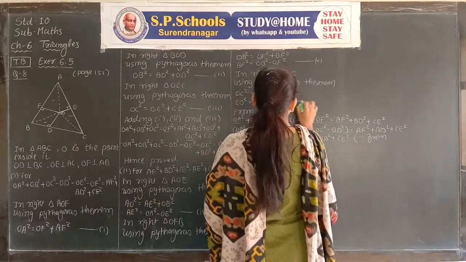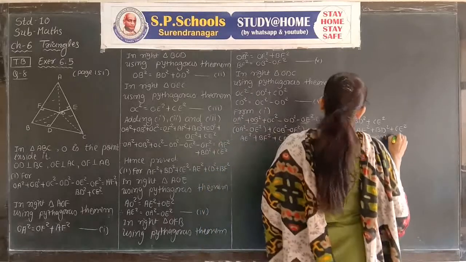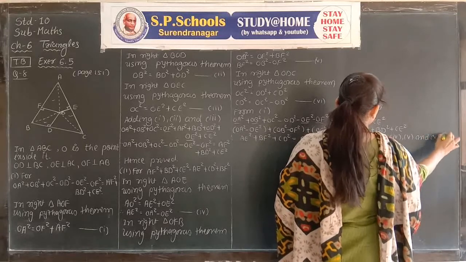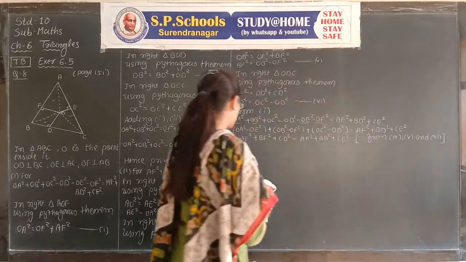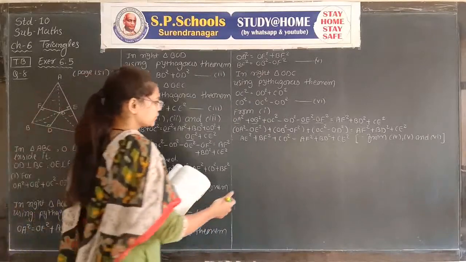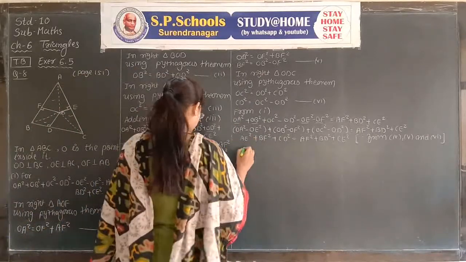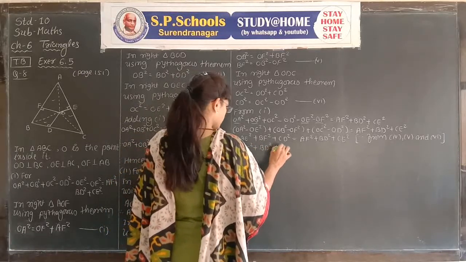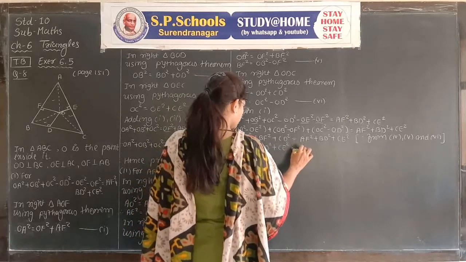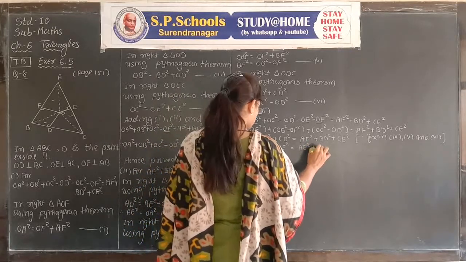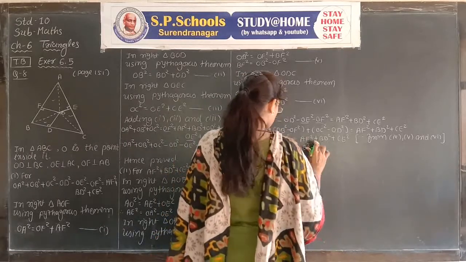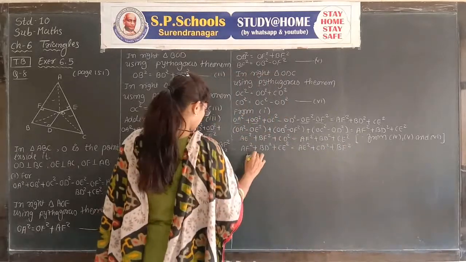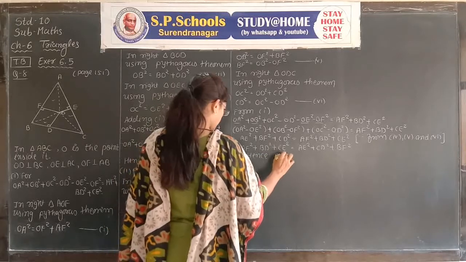It is our result number 6. Write as we want, right to left and left to right. AF square plus BD square plus CE square is equal to AE square plus CD square plus BF square, and hence it is proved.